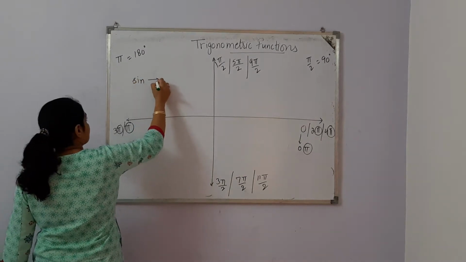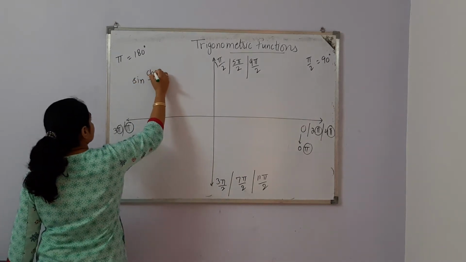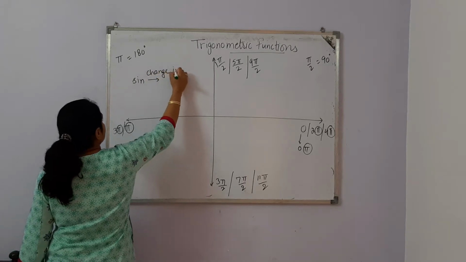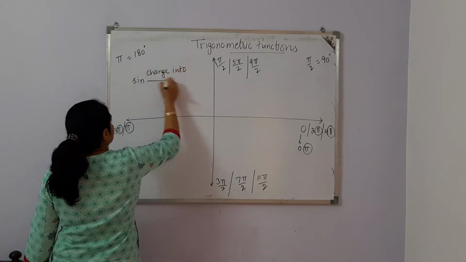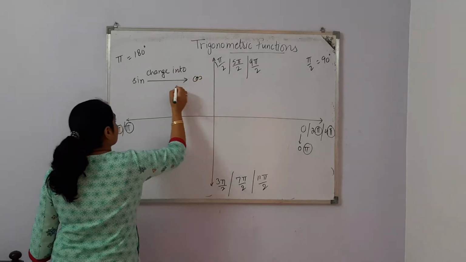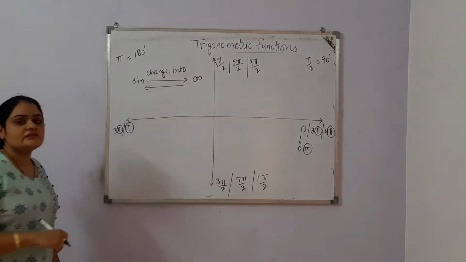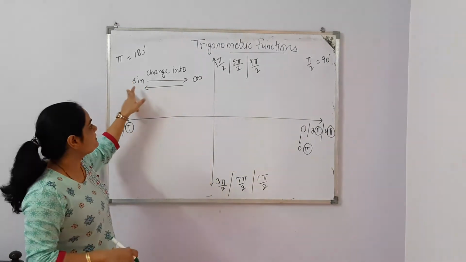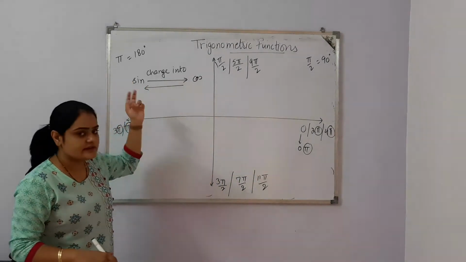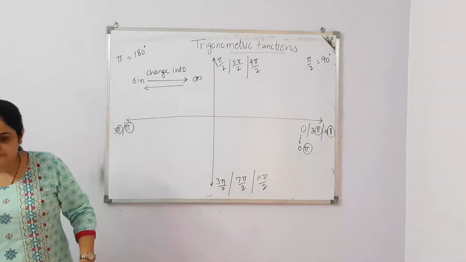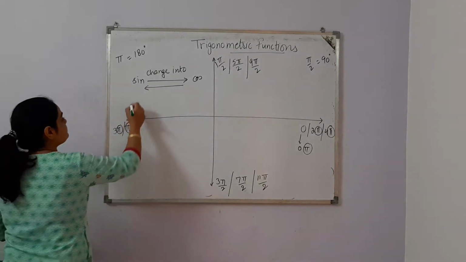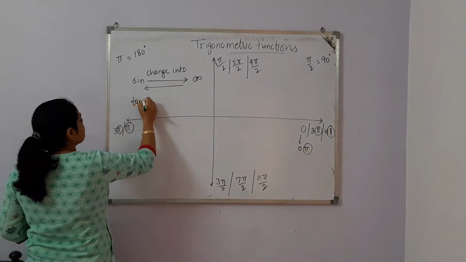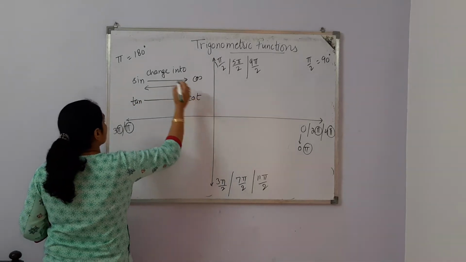Sine will change into cos, and cos will change into sine. Whenever the angle is in terms of pi by 2, sine will change into cos, cos will change into sine. Then tan will change into cot.